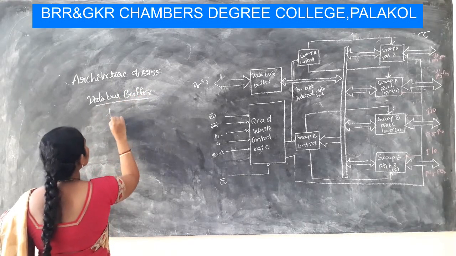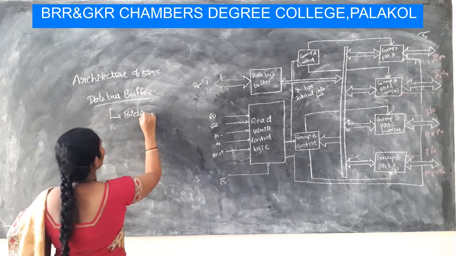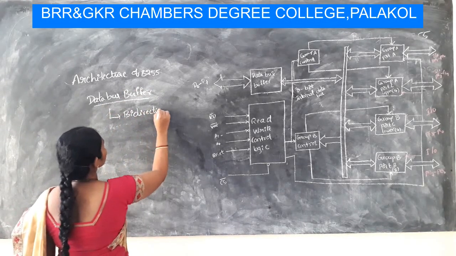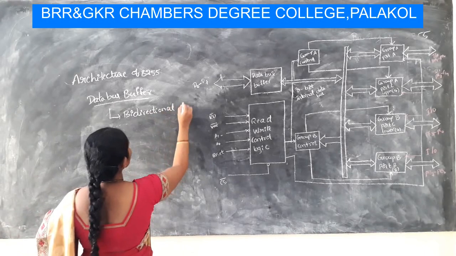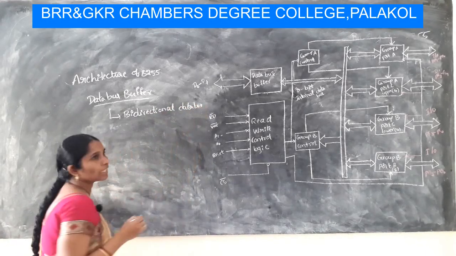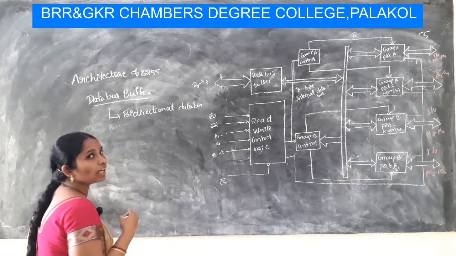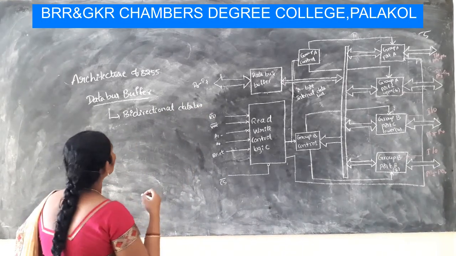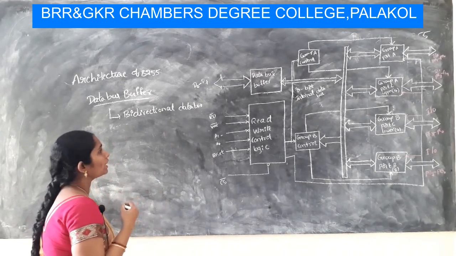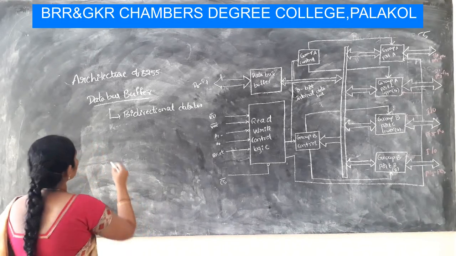Bidirectional is nothing but it will send data and it will receive data. This data bus also transfers the control word and the status information.